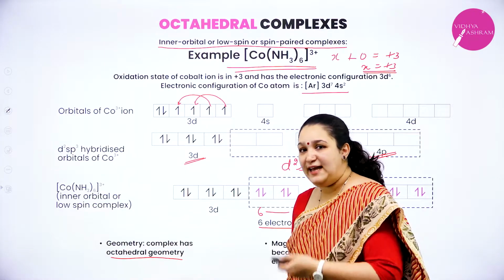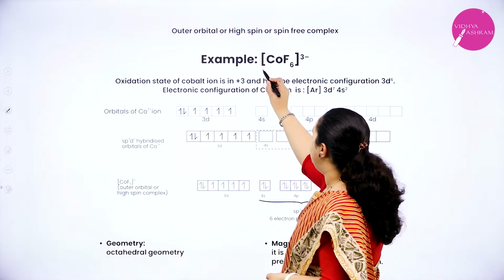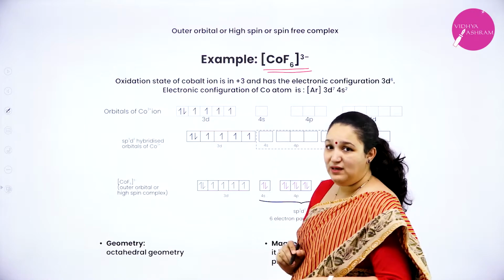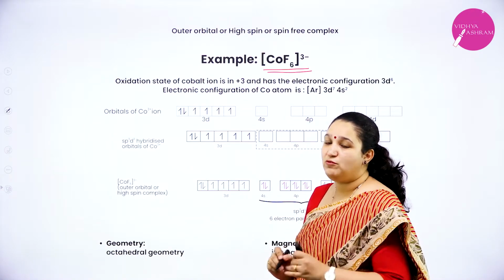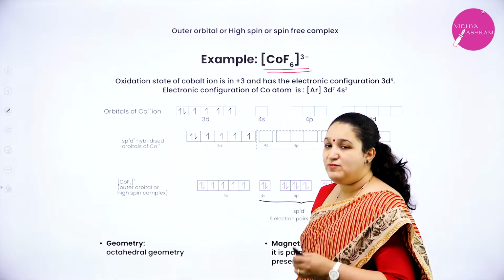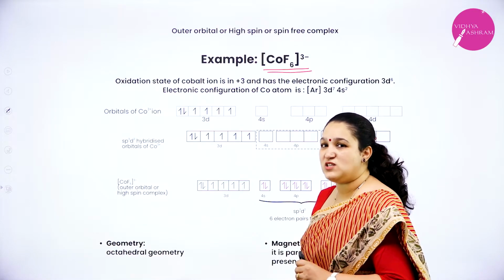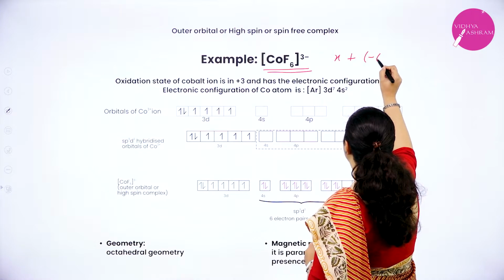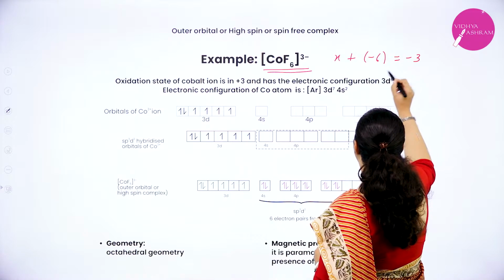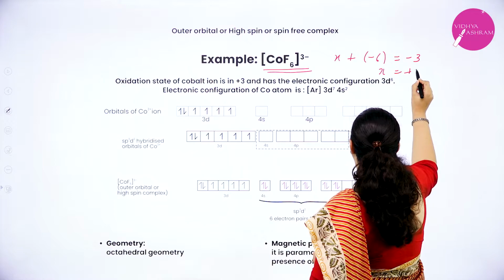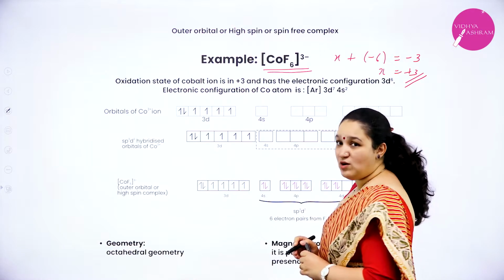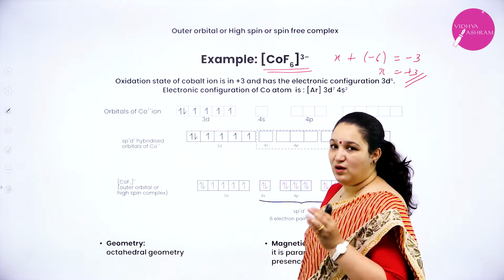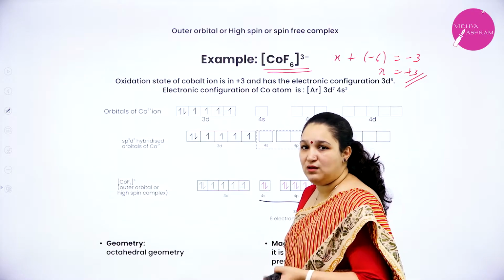We have the next example of the same metal cobalt which is bonded with 6 fluorido ligands. First we shall again calculate the oxidation number. X plus minus 6 is equal to minus 3. So, X will be equal to plus 3. So, the oxidation state of the metal cobalt is plus 3.